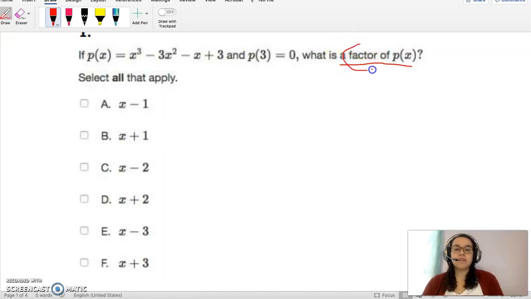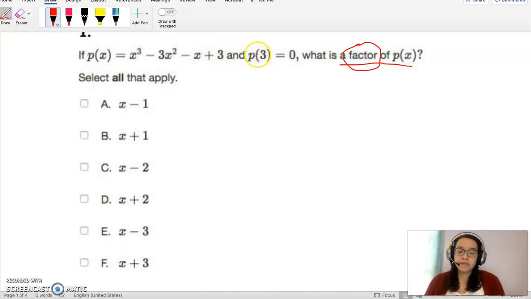We know some things here, right? In the last 2 lessons, we looked at the factor theorem and the remainder theorem. The factor theorem said, when we divided the polynomials, if the remainder was 0, then whatever we were dividing by is our factor.